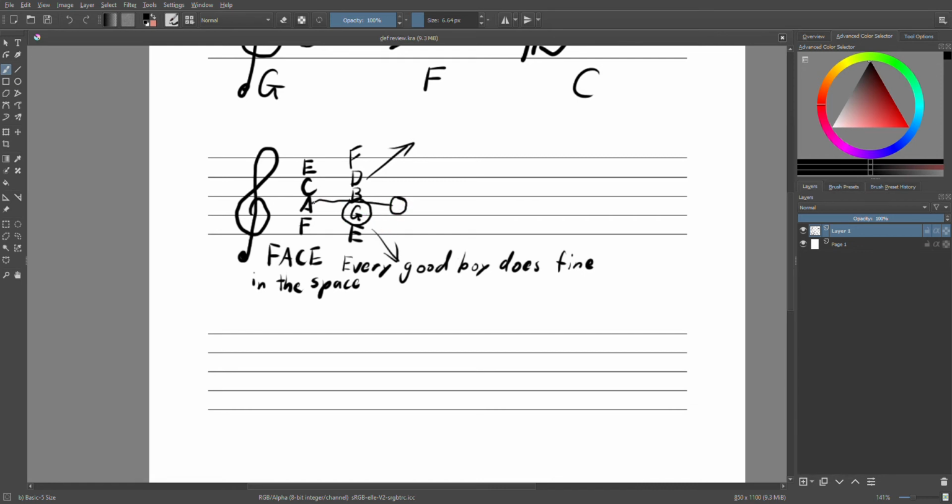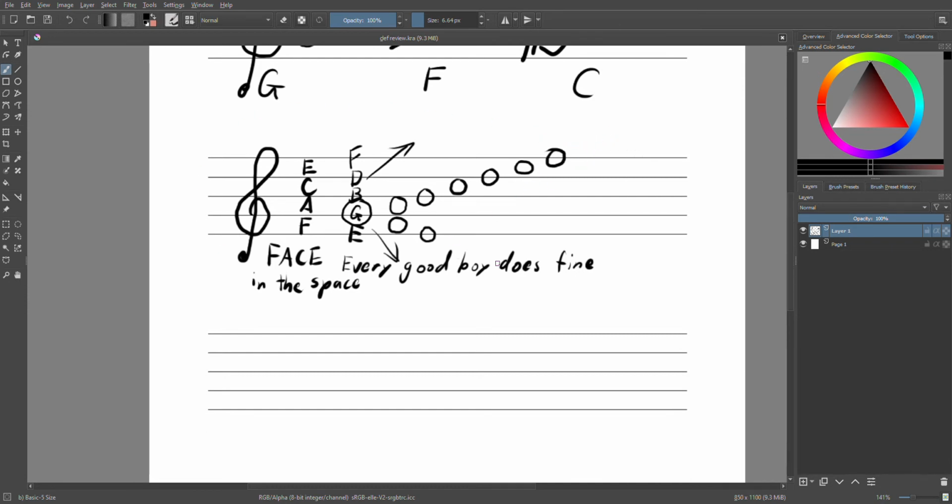So here's G, going up one. Remember when we hit G, we start over at A. Oh look, there's A. Then B, C, D, E, and F. You can do the same thing the other way. Here's G again, going down one is F, and E. And you can continue this with ledger lines, but we're not going to worry about ledger lines right now.